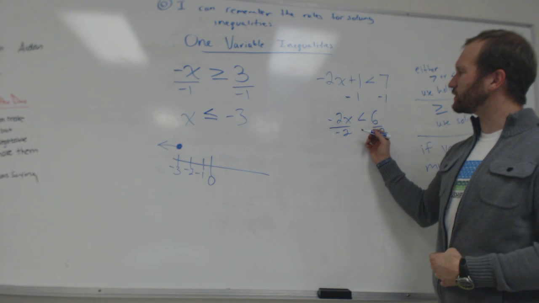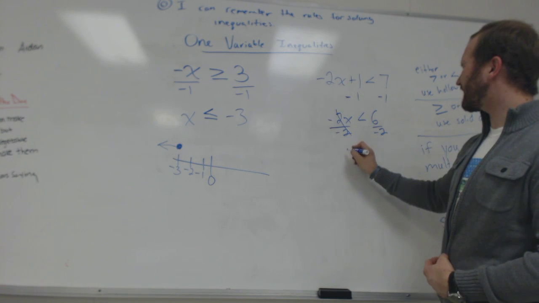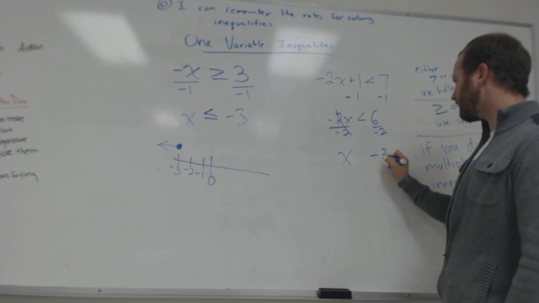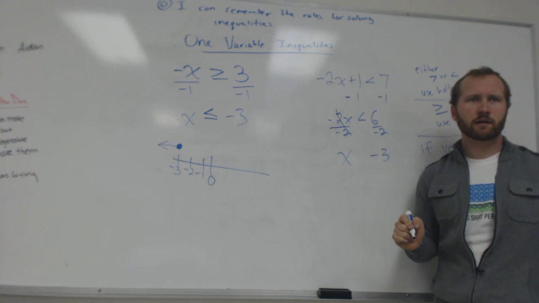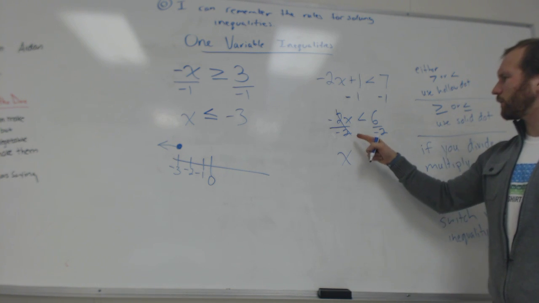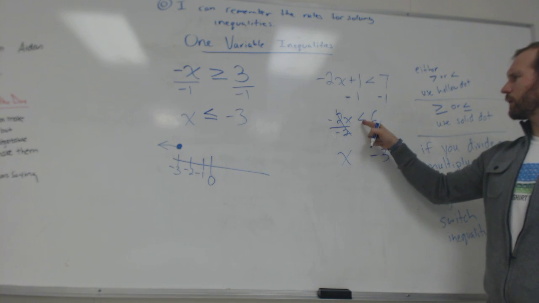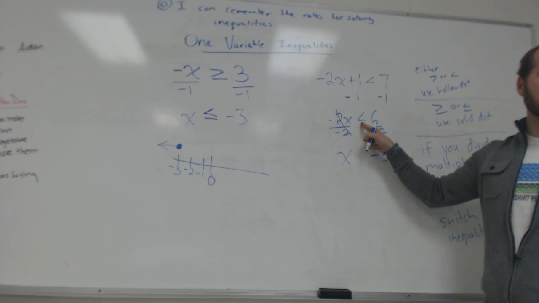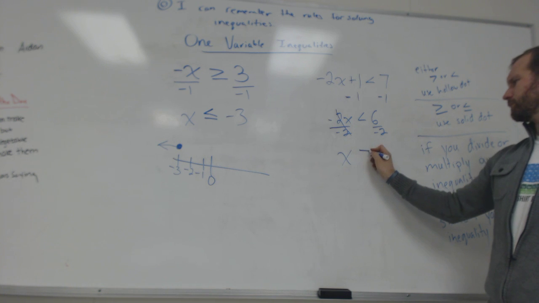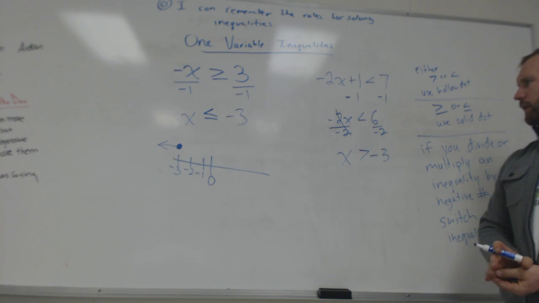What am I going to change? The -2's cancel out. We have an x. 6 divided by -2 is -3. What happens in the middle? When I divide by a negative number, I switch the direction of my inequality. So instead of less than, x is actually greater than -3.